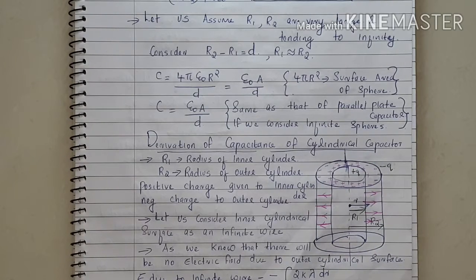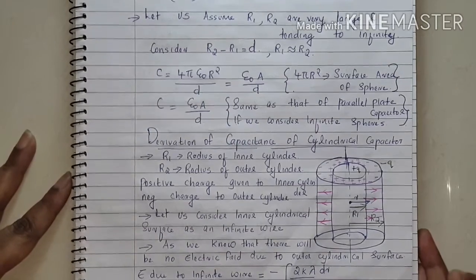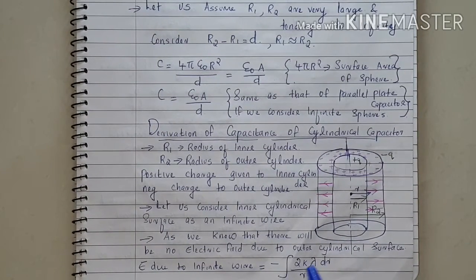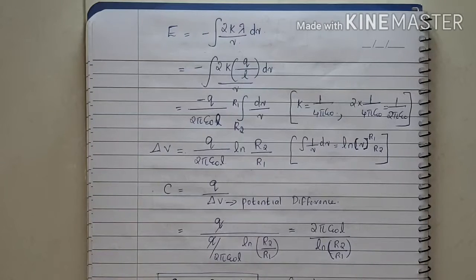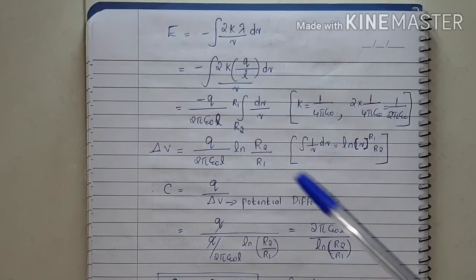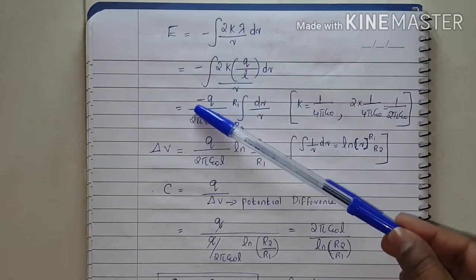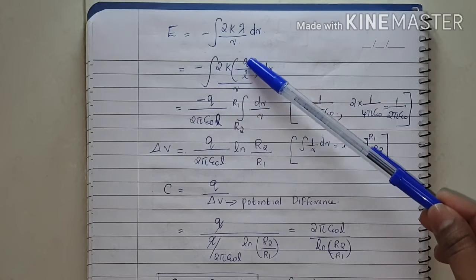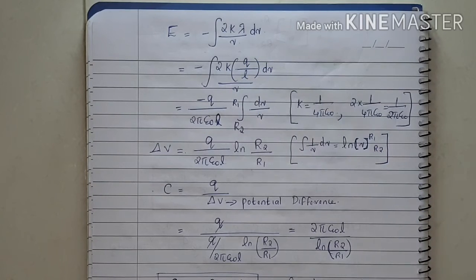So the potential due to the infinite wire can be written as minus integral 2k lambda by r dr. Lambda can be written as charge per unit length, that is Q by L. So it becomes minus integral 2k Q by L dr by r.